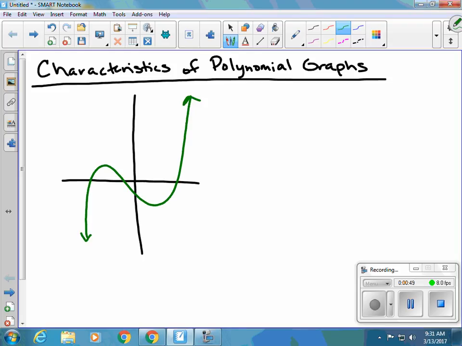So we've got a graph here. So looking at this, we can see that it's going on forever in the negative direction as well as in the positive direction. This means that I do not have an absolute maximum.